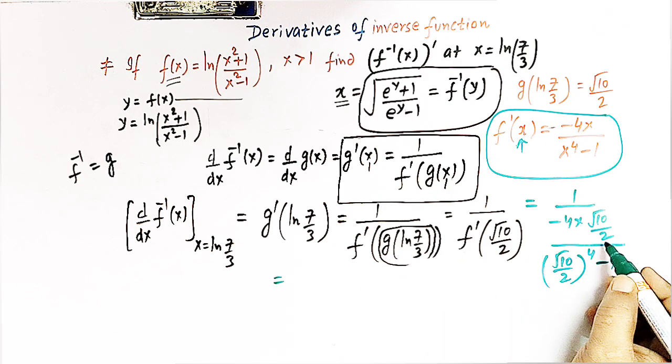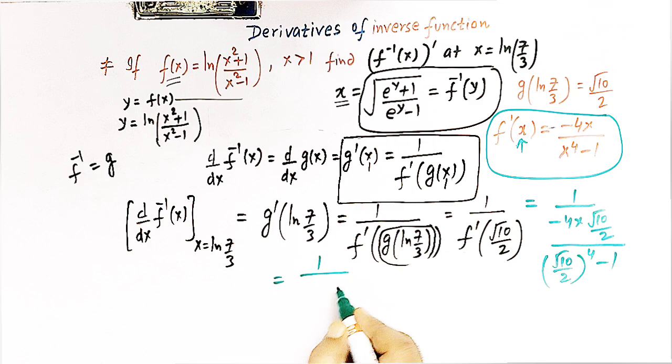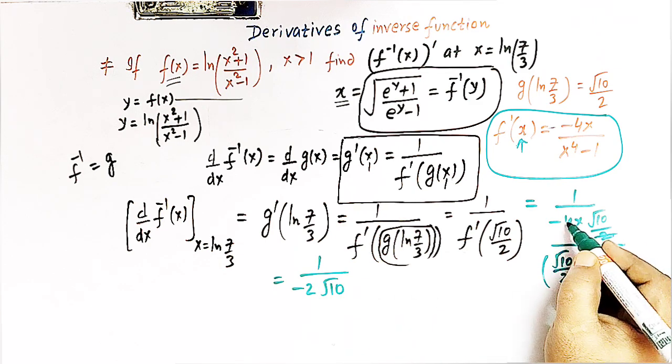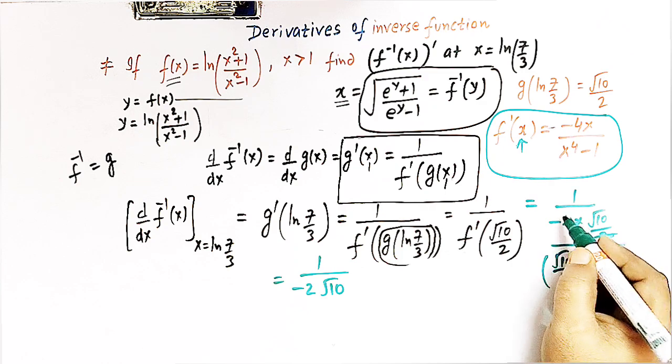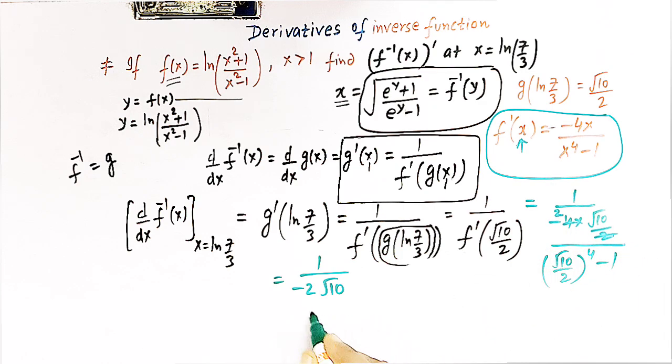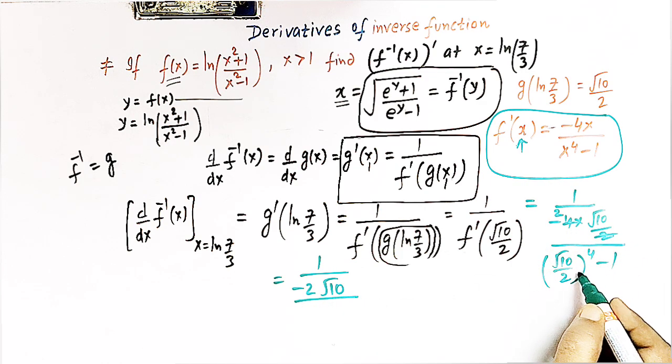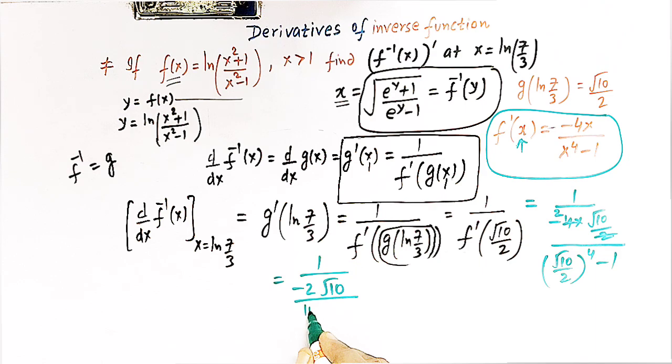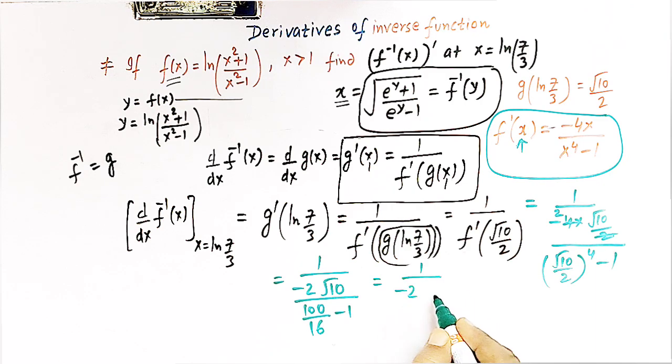So now we can simplify it. So we have 1 over minus 2 times square root of 10. Here we can cancel this 4 with this 2, and in the denominator we have 100 over 16 minus 1. So this is 1 over minus 2 times square root of 10 divided by 84 over 16.